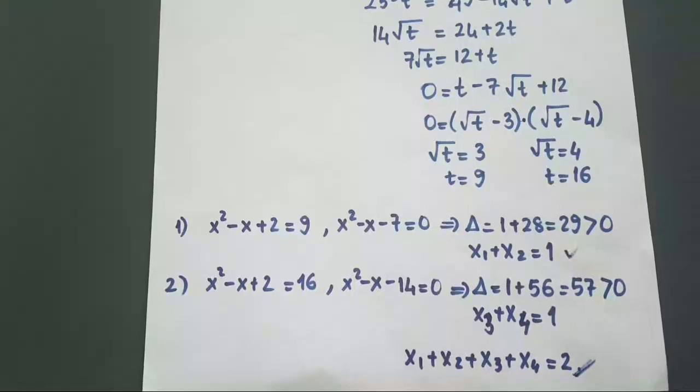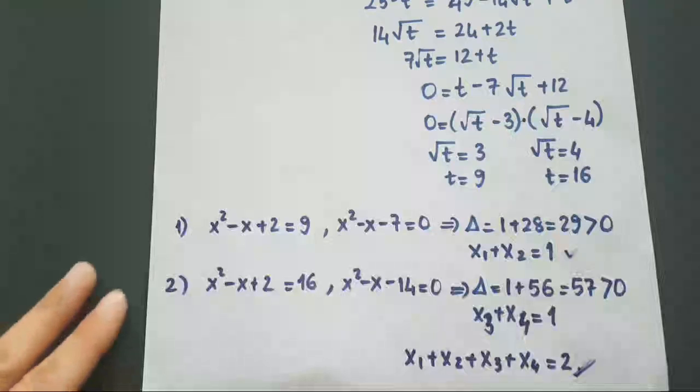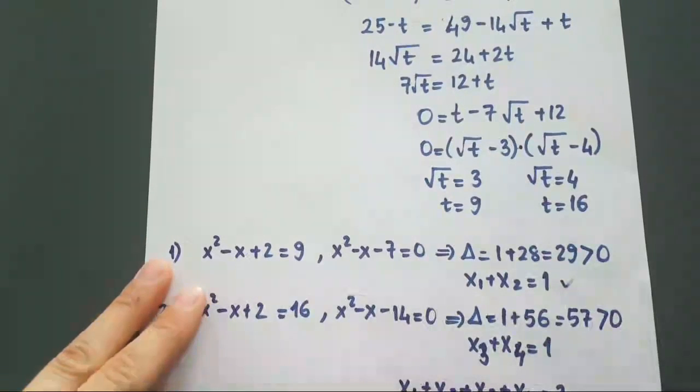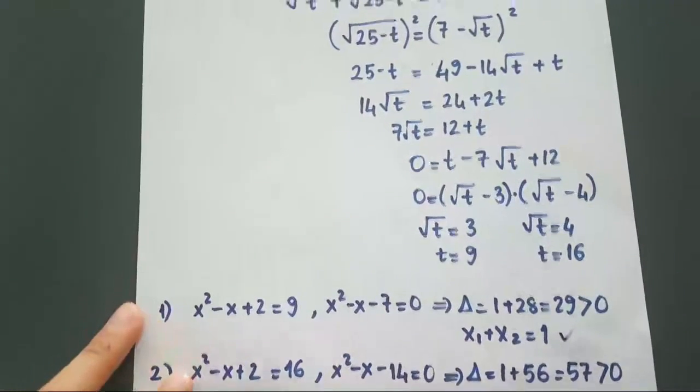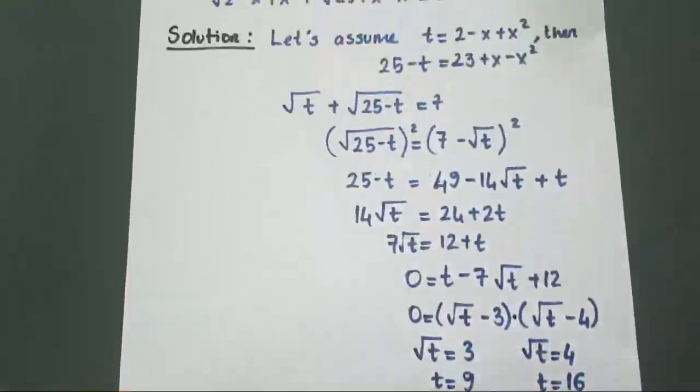Dimitar, Sandra. Who else? Angela, Philip. Okay, if it's clear, I can show you the next problem, right? Damian didn't solve it. Why not? It is clear. Okay.